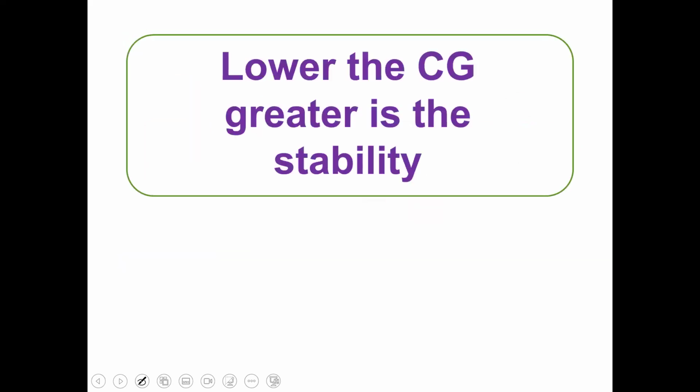Lower the CG, greater is the stability. Now copy this.